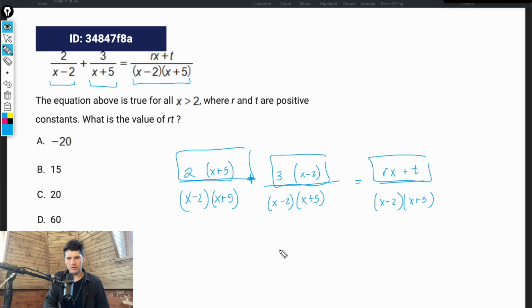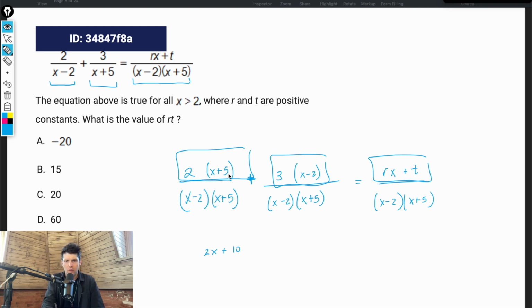So we have to distribute here. This is now 2x. This is where everybody's going to mess up. A huge part about doing a great job on the SAT is recognizing where the traps are, even if they seem like easy and silly mistakes. They're mistakes that we want to be highly attuned to. So here we have 2x plus 10, 2 times x plus 2 times 5.